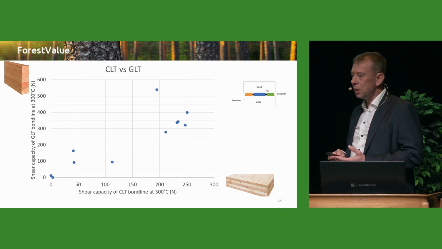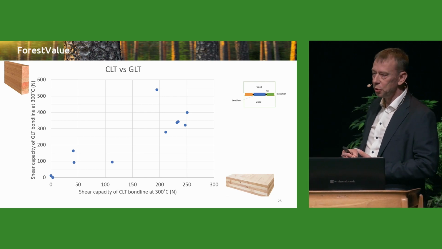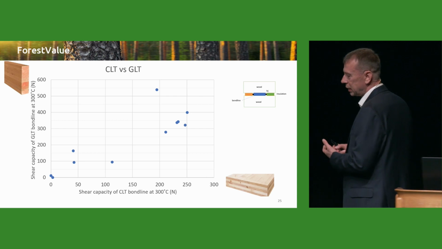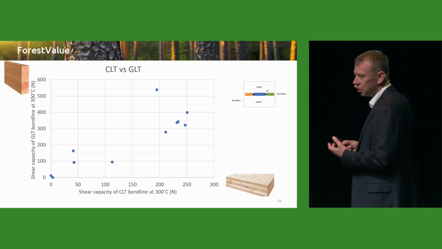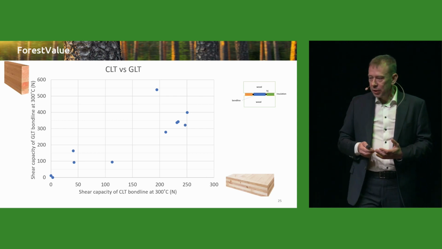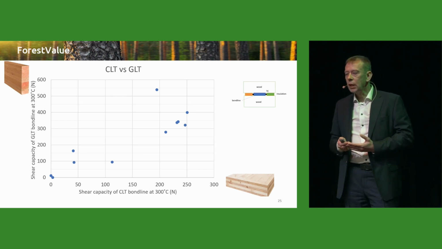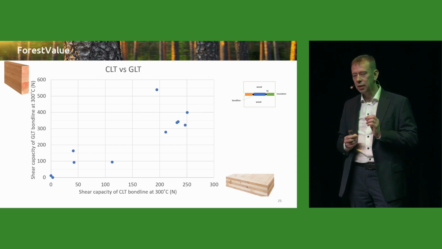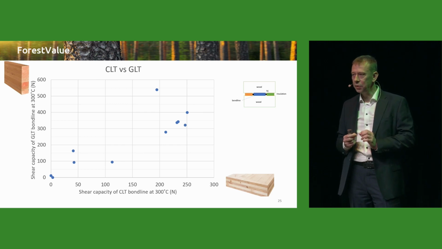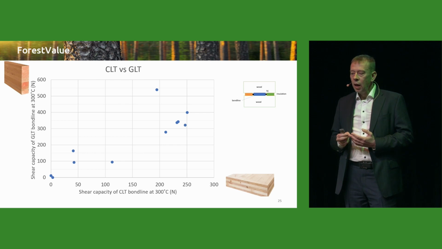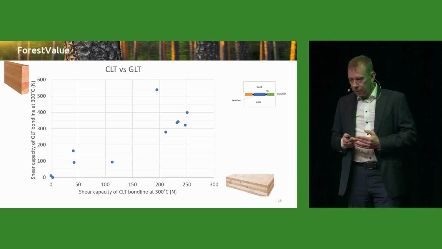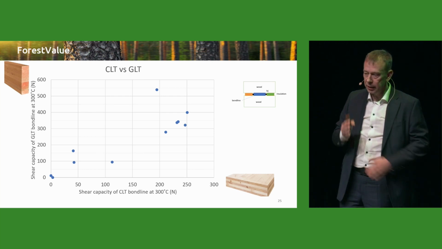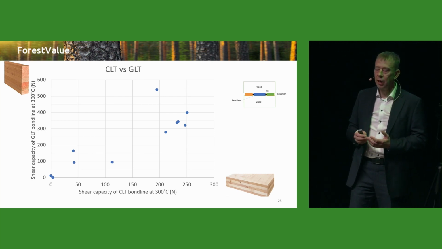I would like to show you some results. We don't have time to show you all, and we have not even finalized all the test results. We have a lot of data, as you can imagine, but just one example here. So this is now cone testing. Every dot means a different adhesive system. And you have now only the cone testing results, so the shear capacities in newtons.